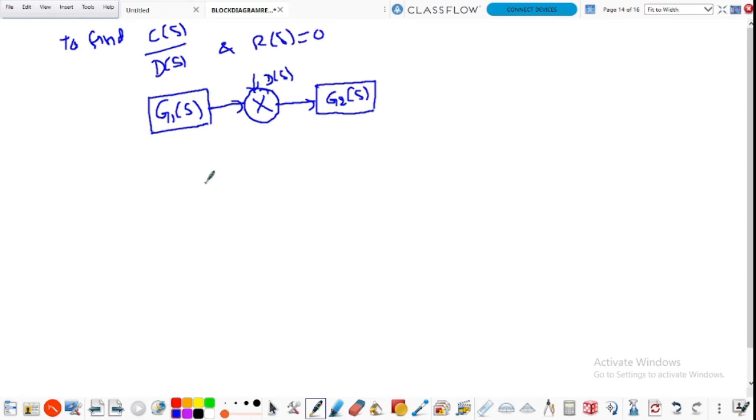What is the feedback element? The actual feedback element is H of s. After removing the R of s input summing point, the negative feedback is there, so that negative sign is considered here as minus H of s. That negative sign is considered into the feedback element, minus H of s.